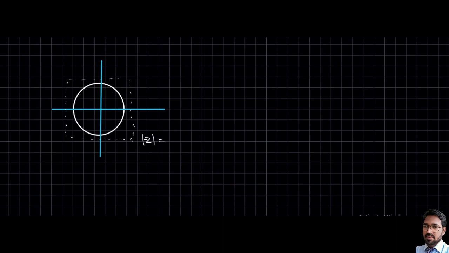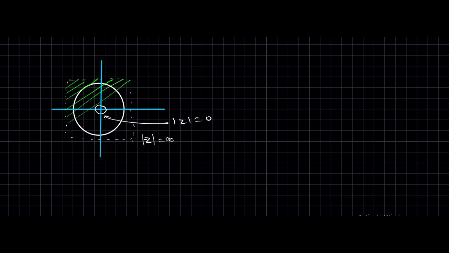It is not actually infinity, but we are taking this point as infinity, z equal to infinity. Here the ROC does not exist at z equal to infinity, and at z equal to 0 the ROC does not exist. So mod of z equal to 0 is excluded. In the remaining portion the ROC is present, so this region is the region of convergence.